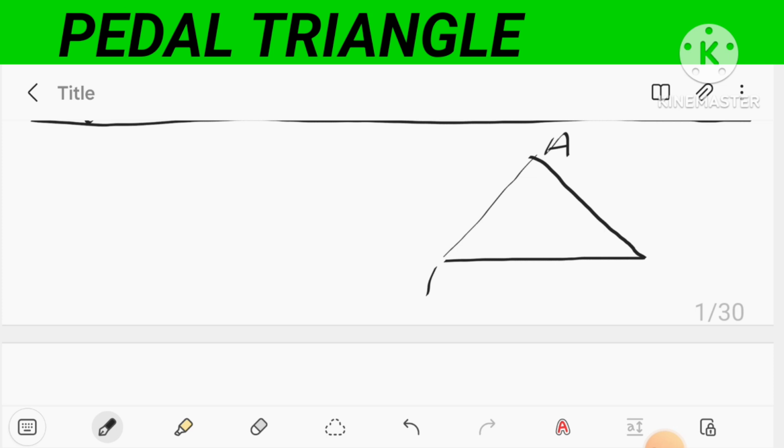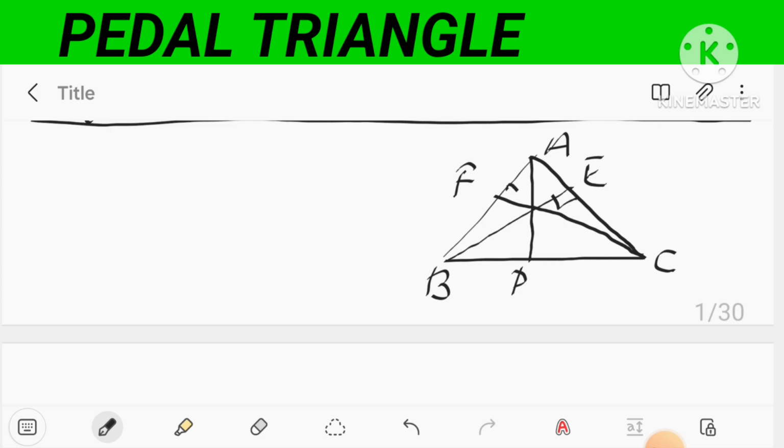And we draw the altitude from B to AC, A to BC, and C to AB, and these feet are D, E, F.